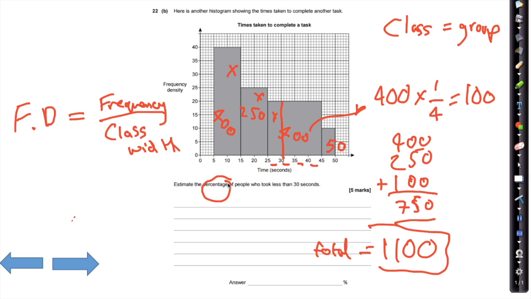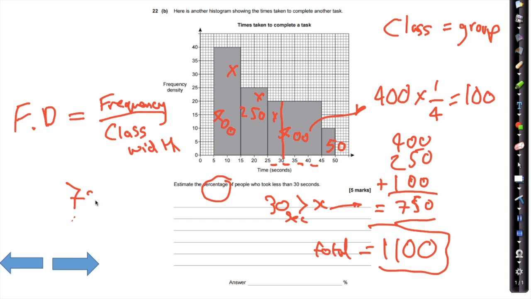However, we want to know what percentage of people is 750, because they are the ones who took less than 30 seconds. So it's greater than x being these people.